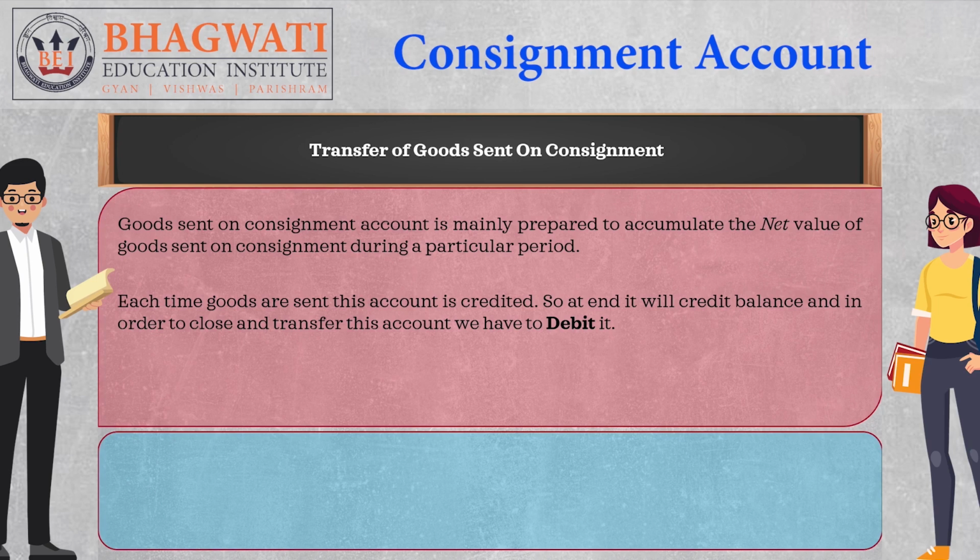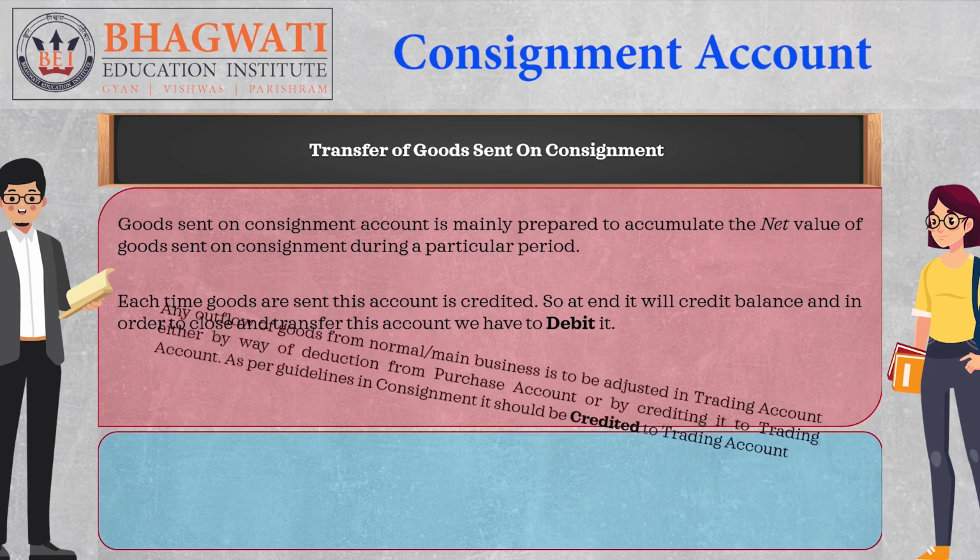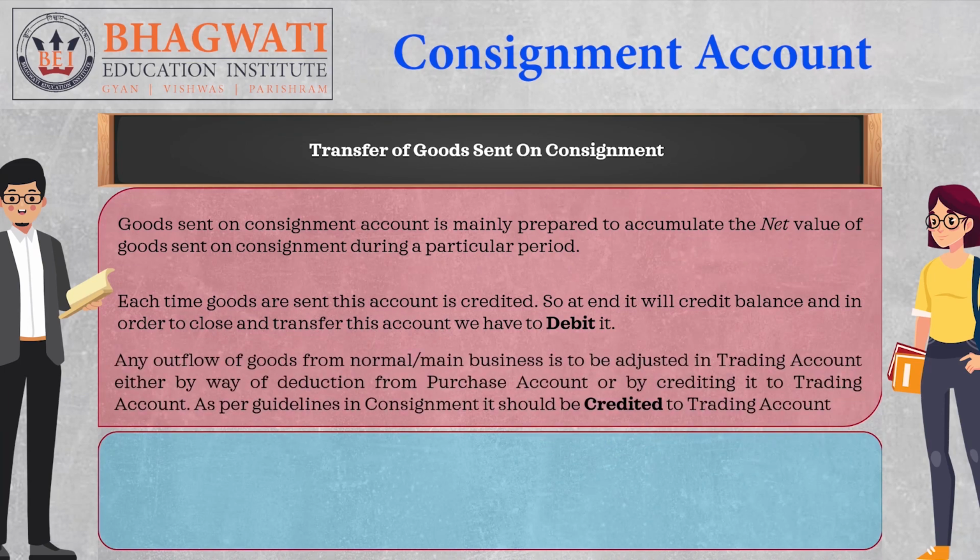Or if you don't want to credit purchases, we have one more option of crediting the trading account. Clear? So here in consignment business, the guidelines say to credit it to trading account. It's one and the same thing. No doubt it is not going out of the business, but yes, from the principal business it is going to the consignment business. So the journal entry is goods sent on consignment account debit to trading account.